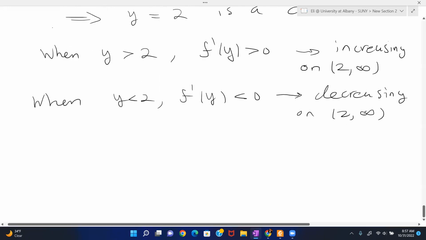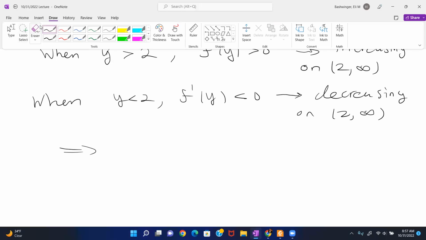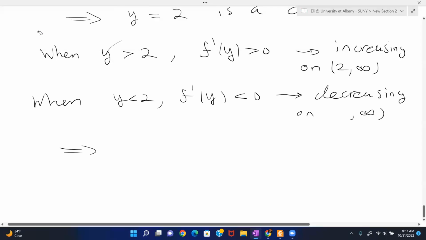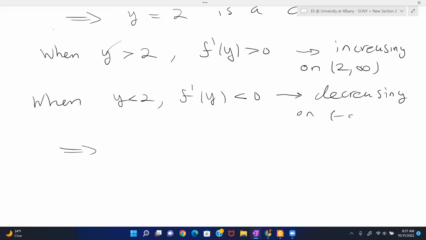So what we know then is that this f prime of 2, which is going to be, well, sorry, this implies that we have a local minimum at y equal to 2, right? Because to the left, wait, I didn't write that right. This should be negative infinity to 2. So to the left of 2, we're decreasing, and then to the right of 2, we're increasing.